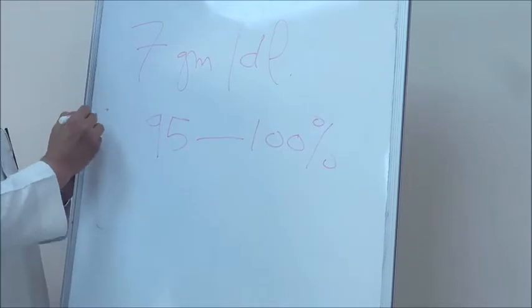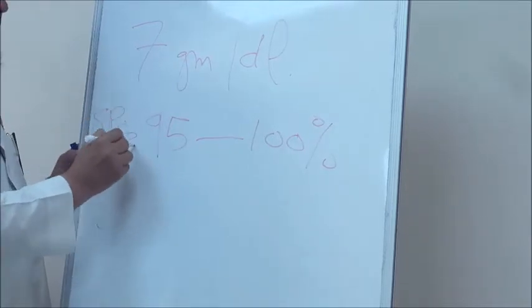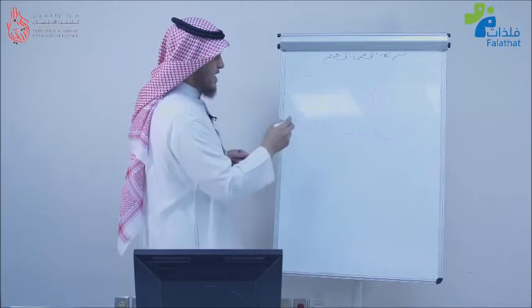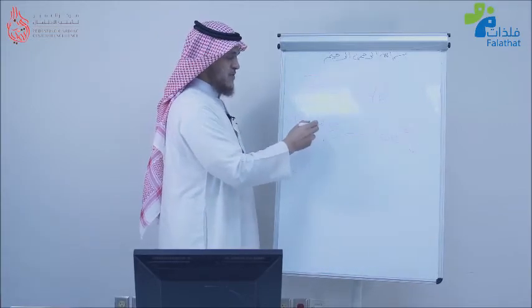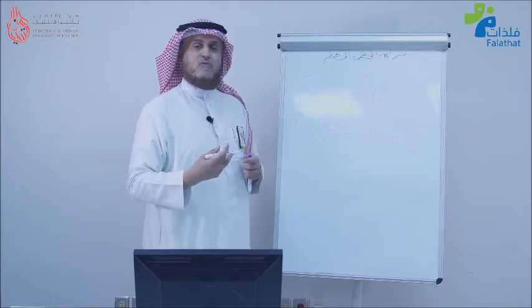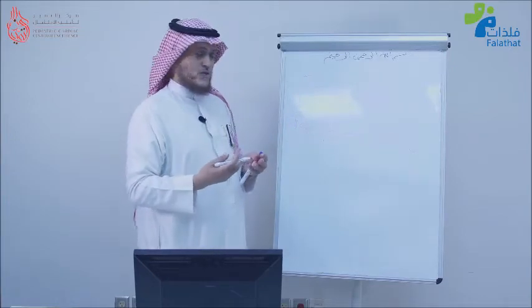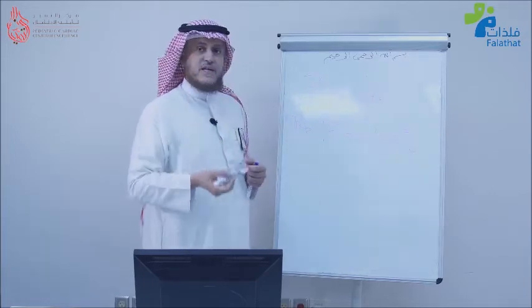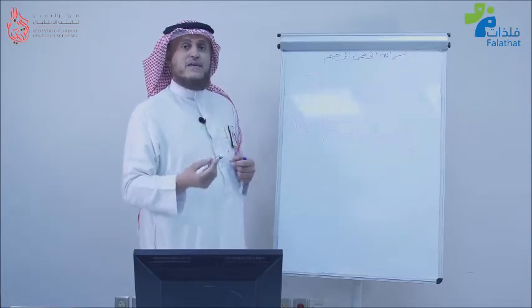We call it the SpO2. Okay, so that's your normal saturation. When can we detect cyanosis clinically, before any investigations? If the person is 92, our eyes cannot detect it. 90, cannot detect it.